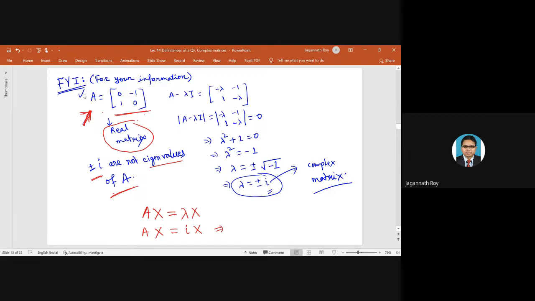So for a real matrix, we may get these values from the characteristic equation, but if we have such a situation, then we cannot call them eigenvalues of the real matrix.